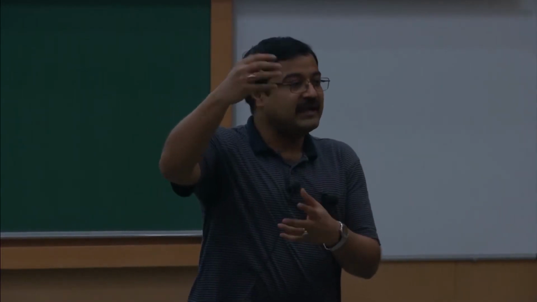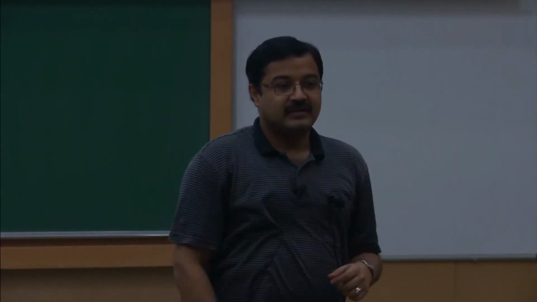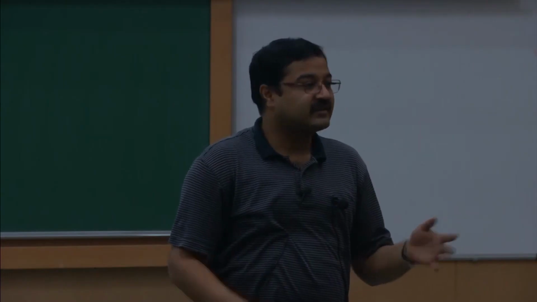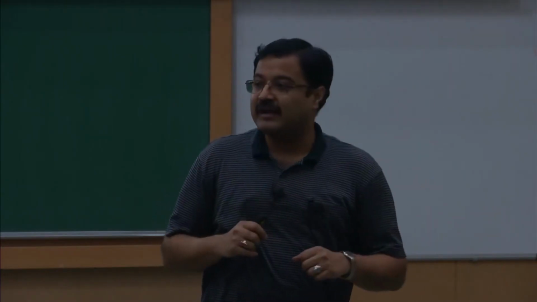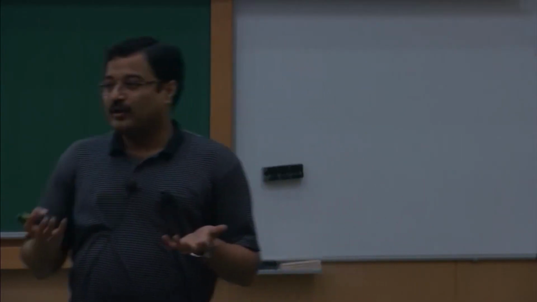If my vector is of size 8, I am doing 8 operations in one single instruction, so you are expecting an 8 times speed up. That is the concept of vector operations.